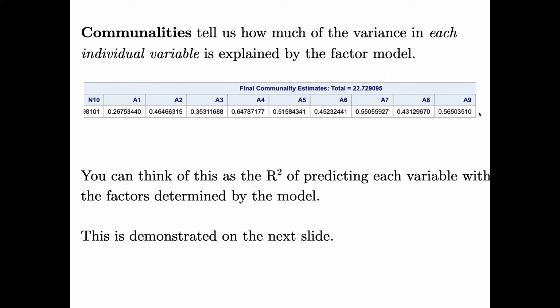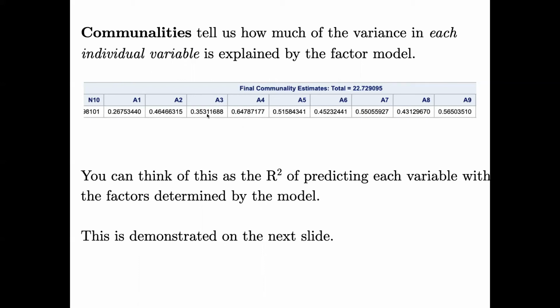Okay, and some are better than others. So here I have a 0.64 communality. So that means that 64% of the variability in question A4 can be explained just by using this reduced dimensionality 5-dimensional data.